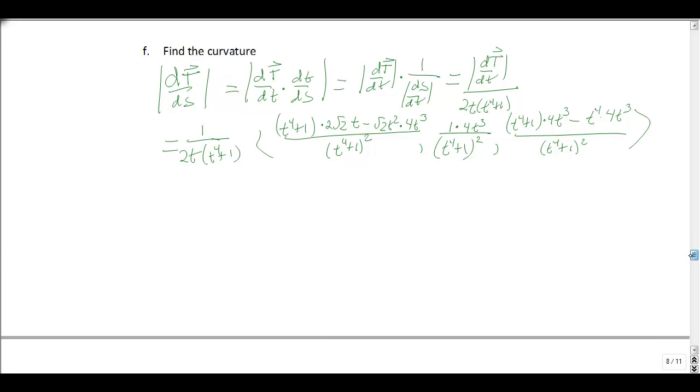There's really our calculation. Now it's just a matter of simplifying this down some. I can pull out a (t to the 4th plus 1) squared from all of the bottoms here. So we get 1 over 2t times (t to the 4th plus 1) cubed. On top, I get a 2 square root 2 t to the 5th plus 2 square root 2 t minus 4 square root 2 t to the 5th.